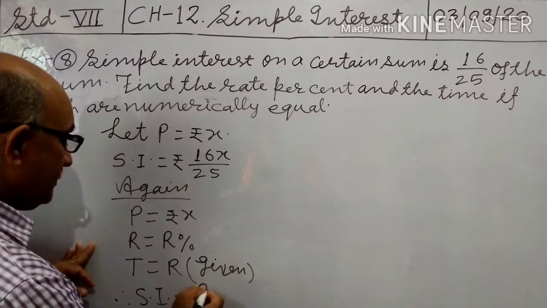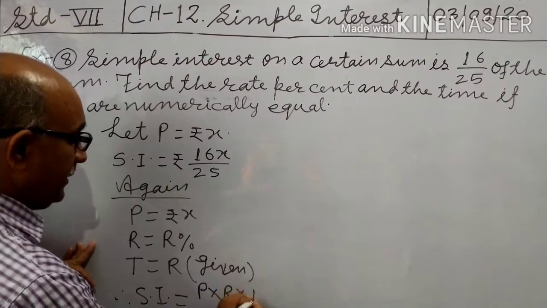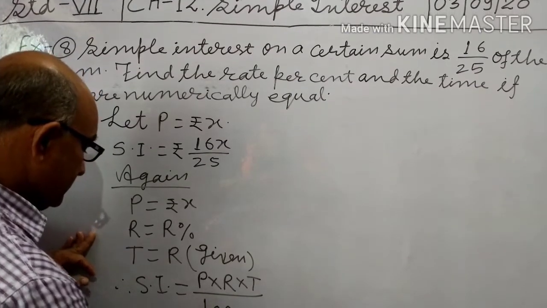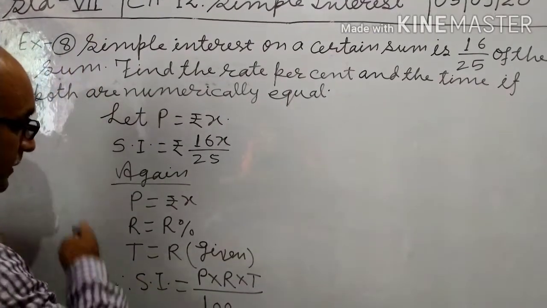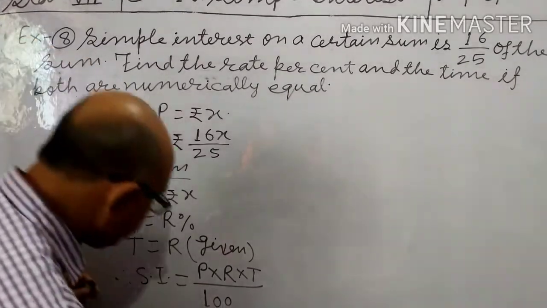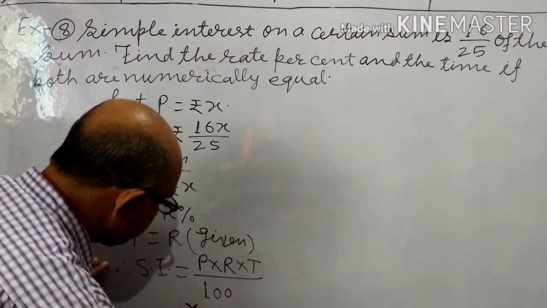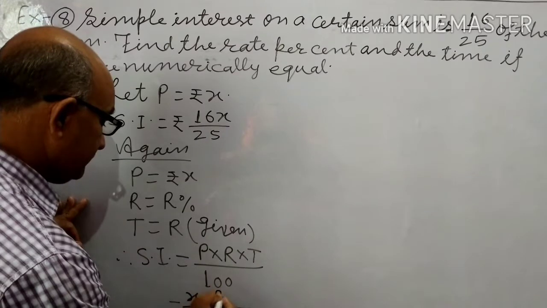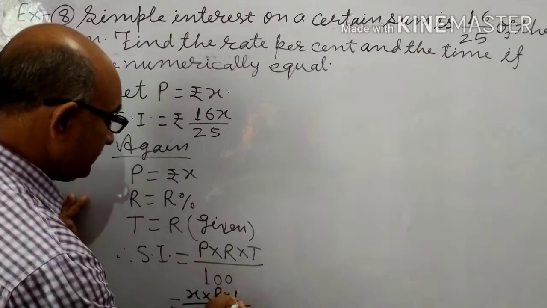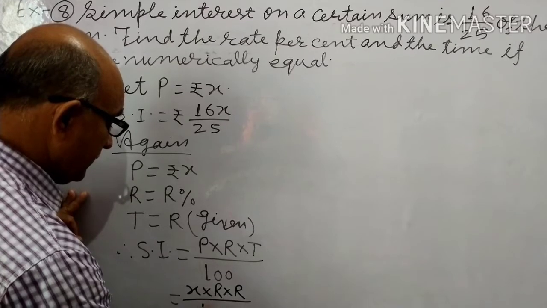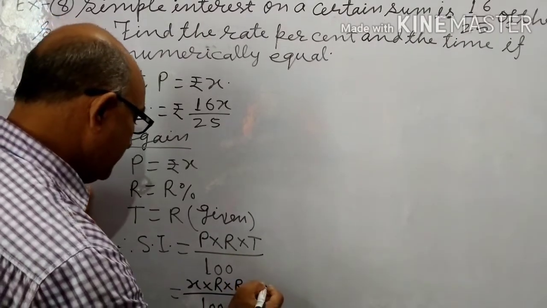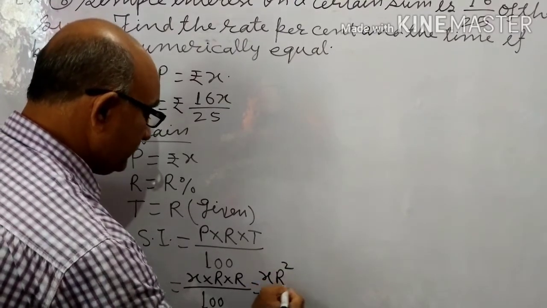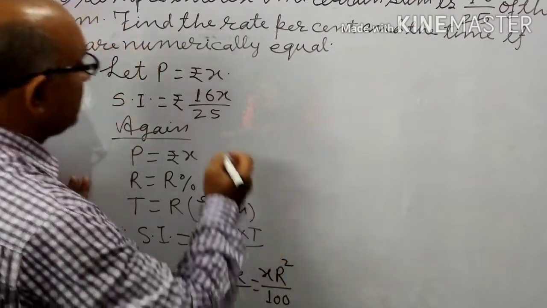So find again SI. SI equal to P into R into T by 100, equal to P is x into R, T is also R, by 100, equal to x R square by 100.